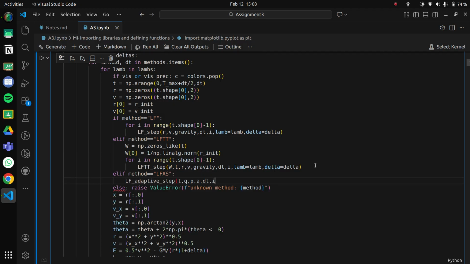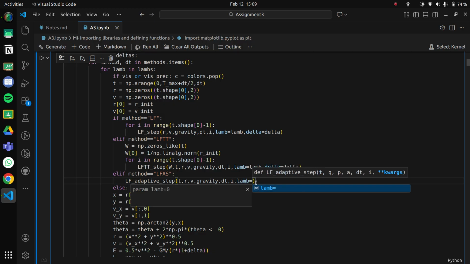So this, rather than a, I'm going to pass in gravity, just like I was doing over there. Rather than p, I'll pass in v. T is the same thing as before. Q is, instead of that, I'm going to pass r. Yeah, I think it's fine because it's a local variable. Then lambda is lambda, so just lamb equal to lamb. Weird, but that's the way to do it.